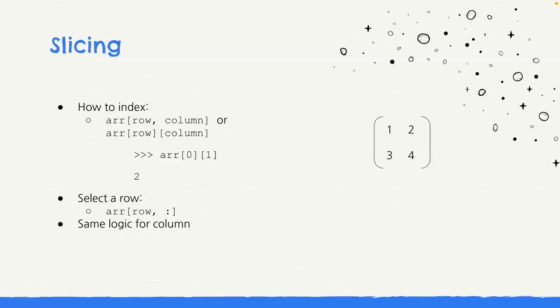Yeah. So we would do array, our brackets, then a colon, because we want all the rows, but we want whatever column number. So if I wanted the second column, I would do array, brackets, colon, all the rows, but I want column number 1, which is the second column.